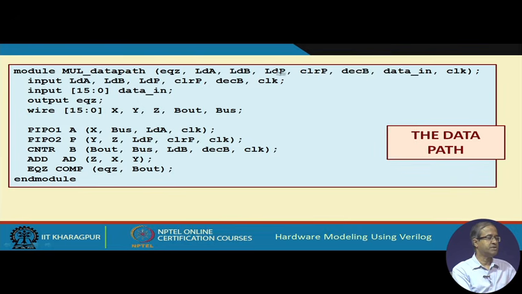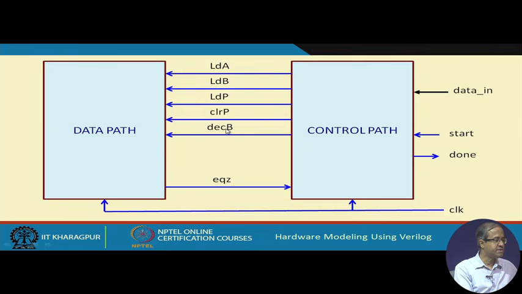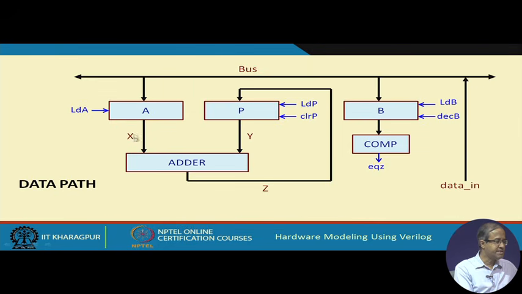These are the control signals and this is the clock. I am assuming data in is 16-bit data. And all these X, Y, Z, B out, bus, what are these? Let us go back to the diagram once more. Output of A I am calling X, output of P I am calling Y, this is Z, and this I am calling bus.